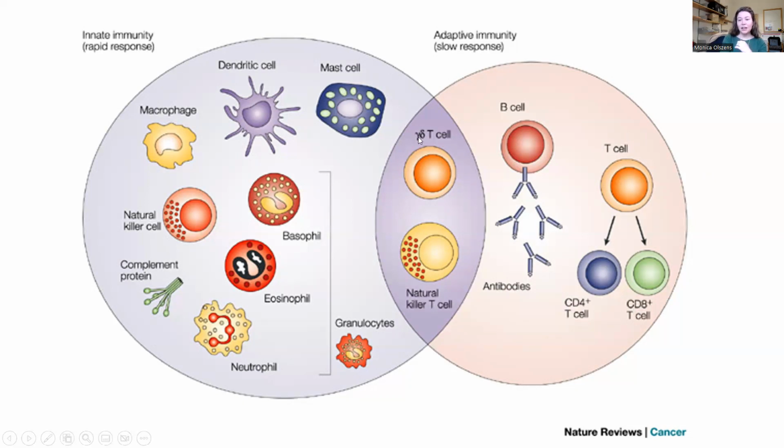Gamma delta T cells are thought to be like the original T cell. So the T cells we have here, they're thought to be the modern T cell, and gamma delta is thought to be the first T cell. So they don't recognize as many different types of pathogens, but they can react faster.